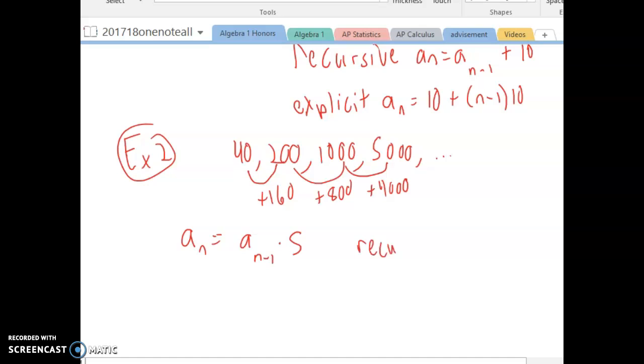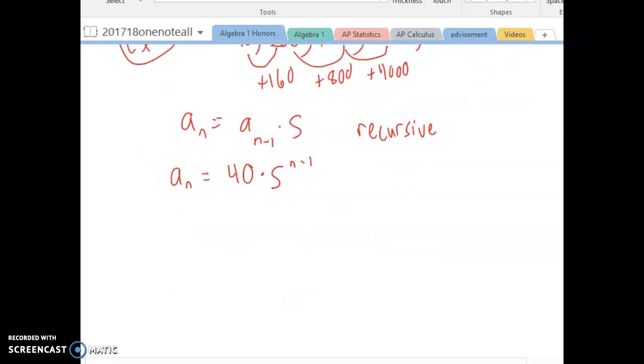That is the recursive formula. So the recursive formula is showing we're just times 5. Now the explicit: a sub n equals a sub 1 times r to the n minus 1 power. That gives us the explicit formula.